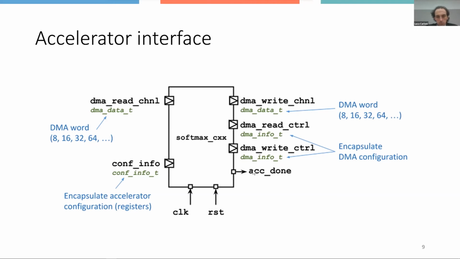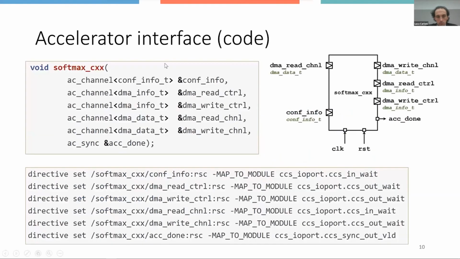In this case, we can see the actual code that you would use with Catapult HLS, and in particular with the C++ flow. You may notice that this is the C++ interface. Here we are using mostly ac_channel, and there is also an ac_sync.